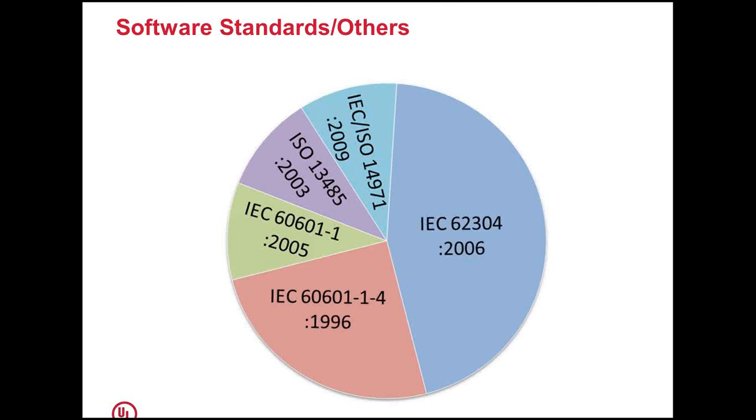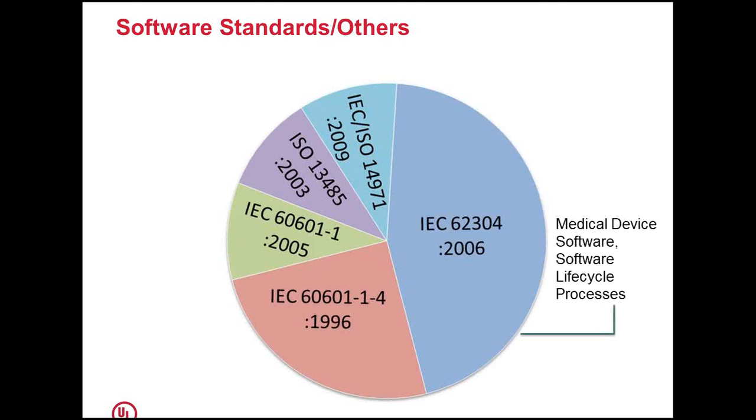And we also saw ISO 14971, ISO 13485-2003, and IEC 60601. There was one standard called IEC 60601-1-4. This standard is obsolete now, and it has been replaced by a combination of 14971, 60601 and 62304.